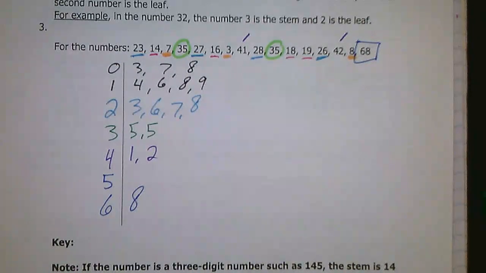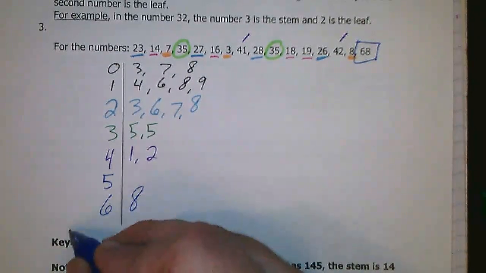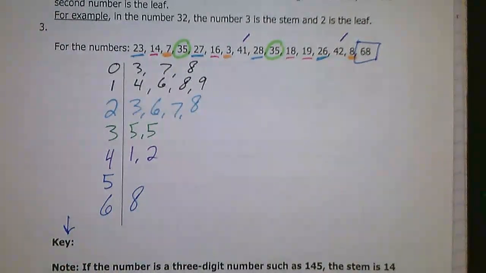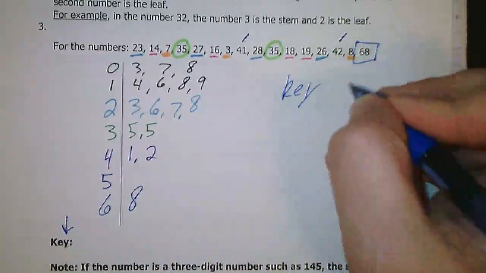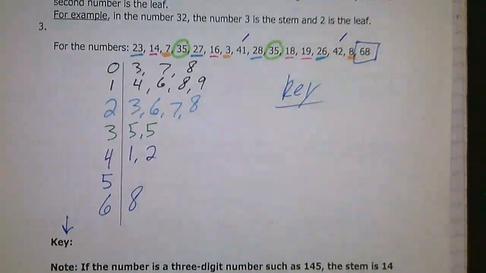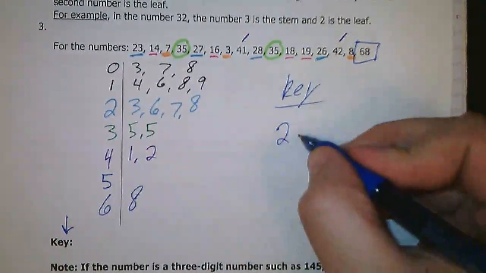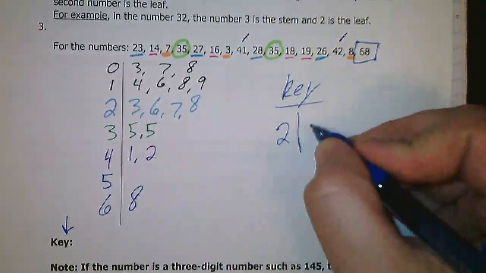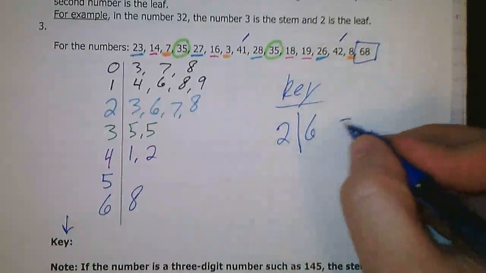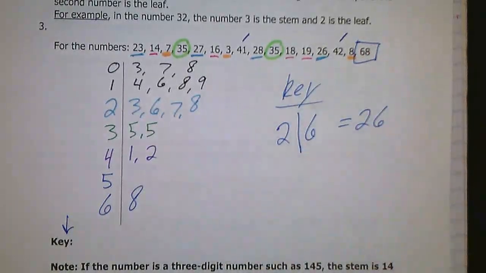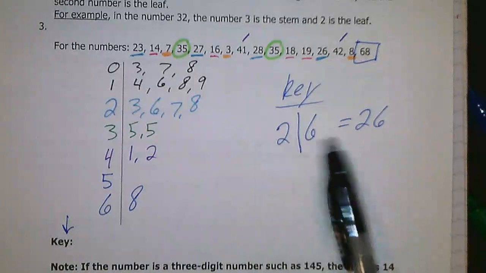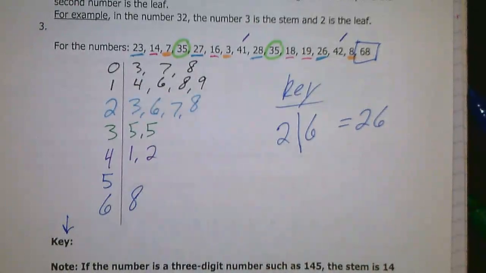So part of using a stem and leaf is to make a key. We have to make a key, and the key can be any entry. It looks like this. 2 lines separating it, 6 equals 26. It doesn't matter what number you use to show this concept.